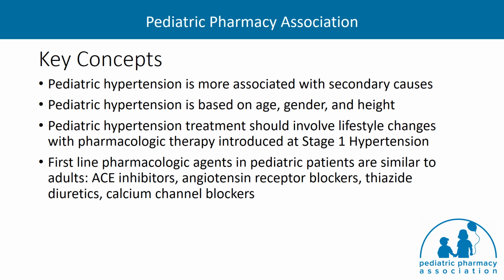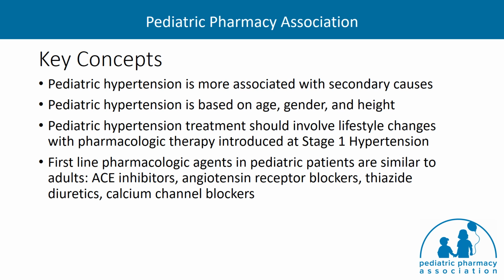All right, I want to close out this presentation by providing some key concepts. So hopefully you remember that pediatric hypertension is more commonly associated with secondary causes of hypertension compared to that primary hypertension, which doesn't have a known cause for the hypertension. But remember that primary hypertension is on a rise. Pediatric hypertension is based on age, gender, and height.